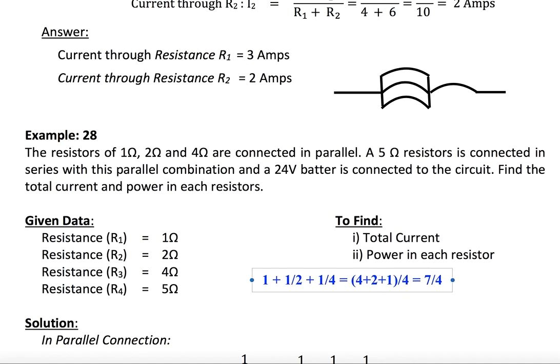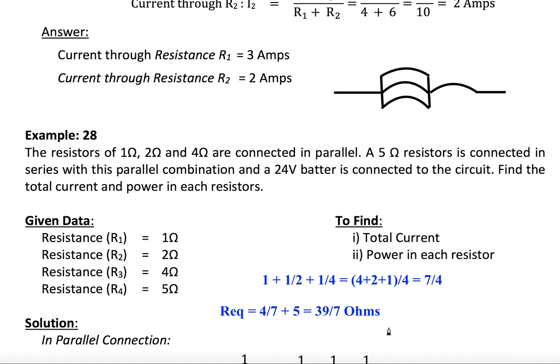So what is R equivalent of the circuit? R equivalent of the circuit is the equivalent resistance of this parallel combination, that is 4 by 7 plus 5 ohm. How much is it going to be? 35 plus 4, 39 by 7 ohms.